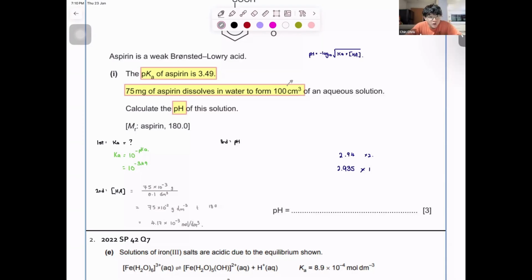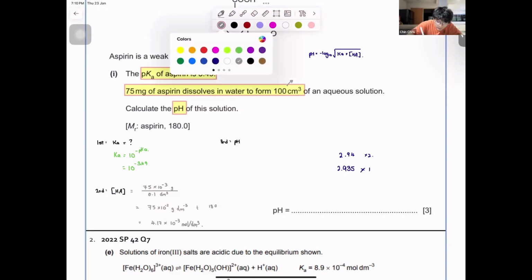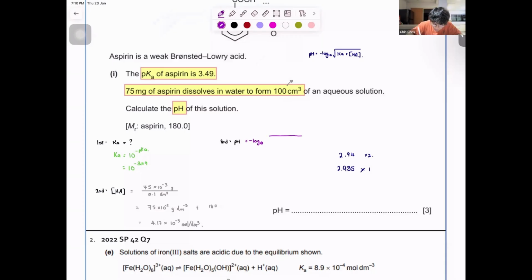So guys, now I get the concentration, I get the Ka, finally pH, right? Negative log base 10, Ka, HA. 2.3935, right?